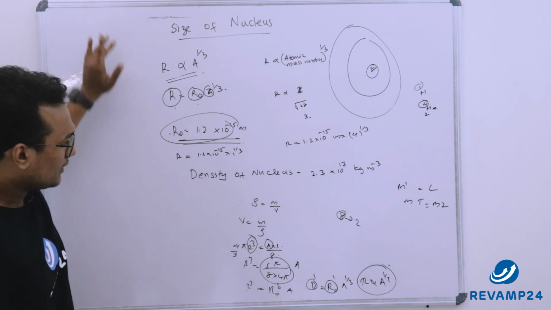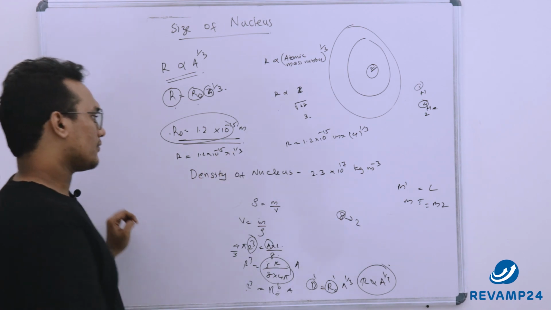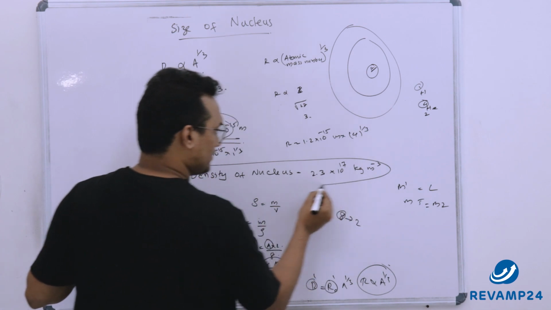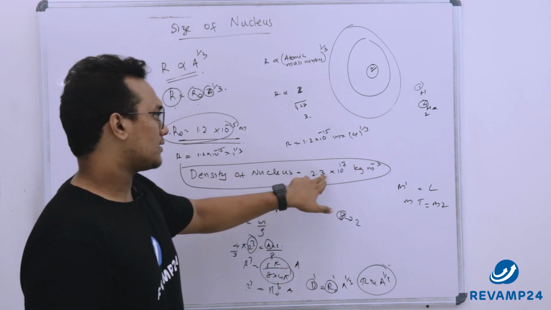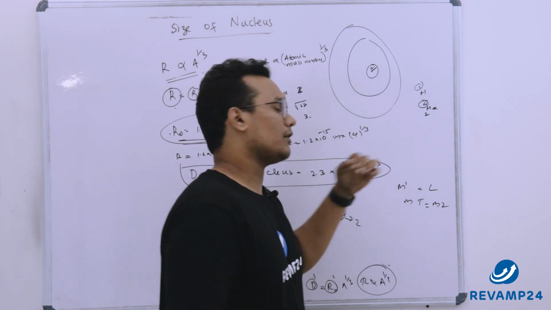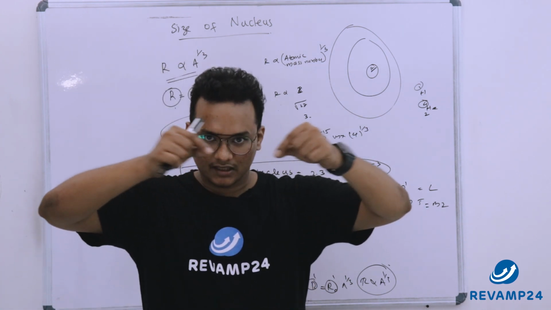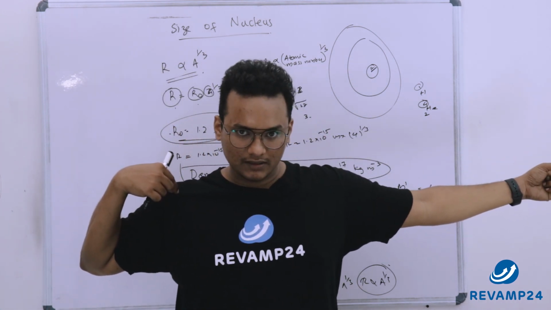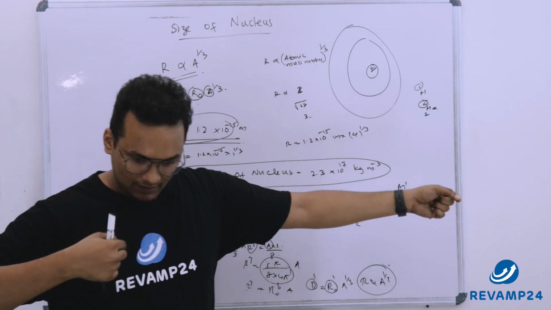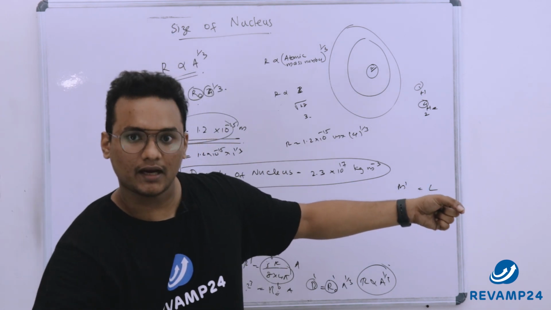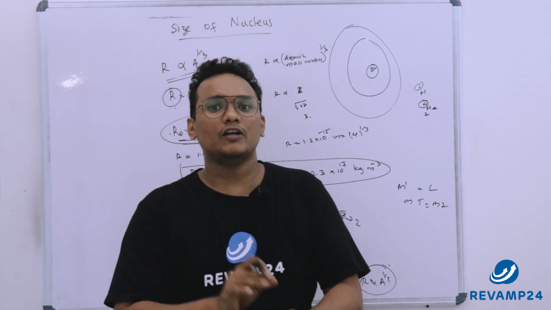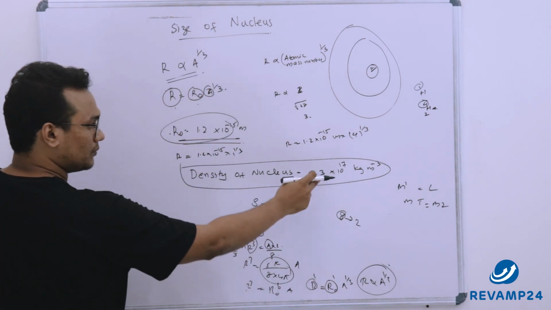Okay, and now the density of the nucleus, as general information, you can just learn this: 2.3 into 10 power 17 kilogram per meter cube. So just consider a meter. So a meter would be approximately this much. So a meter length and a meter width and a meter height. If it is fully filled by nucleus, then the mass would be this much.